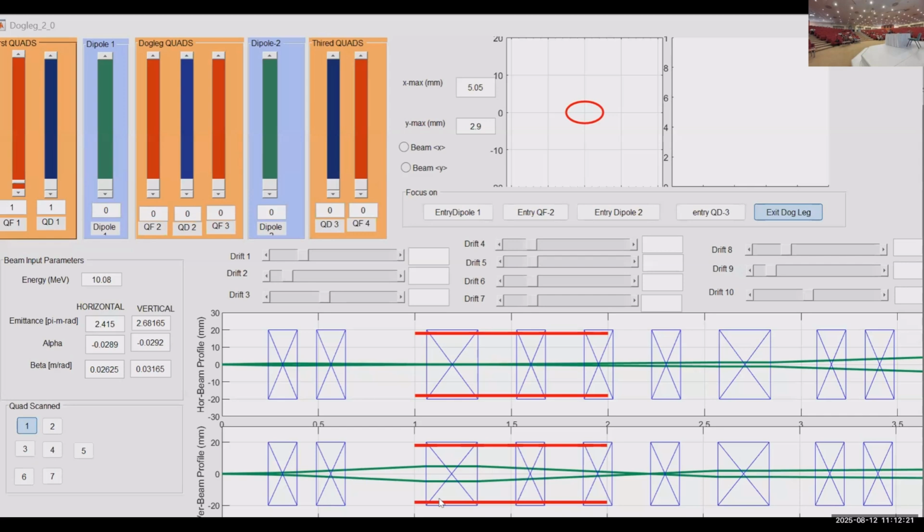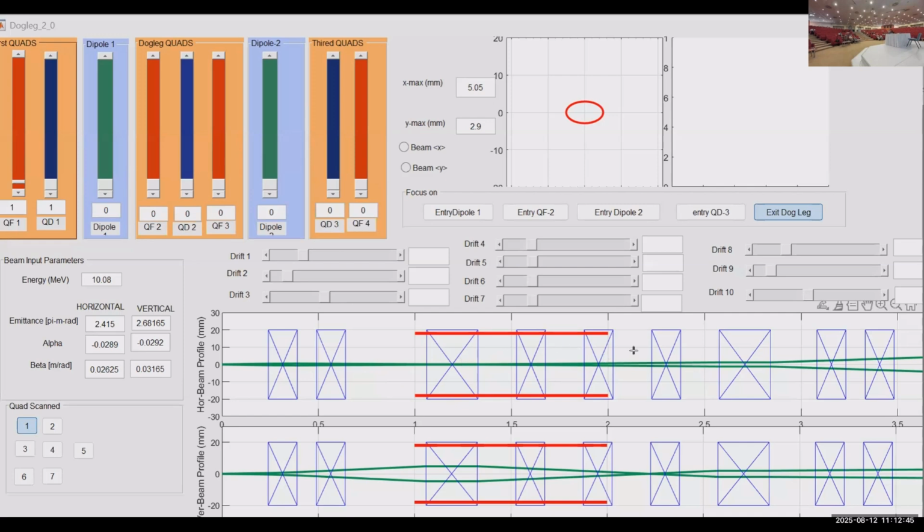Okay. What you see here, these are the magnets. This is the quadrupole magnet. They are in pair. And we have a dipole magnet, which is basically steering the beam, bending the beam, in fact.